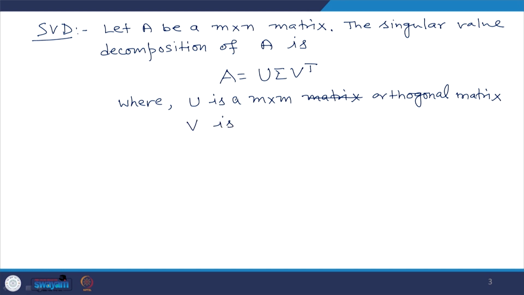V is an n by n orthogonal matrix. Now, what about this sigma?